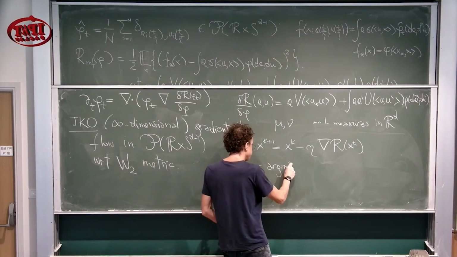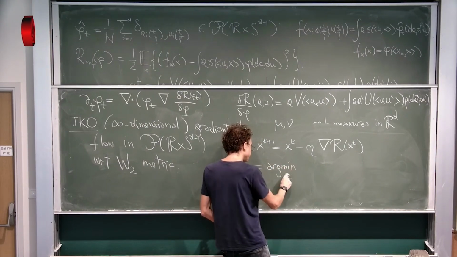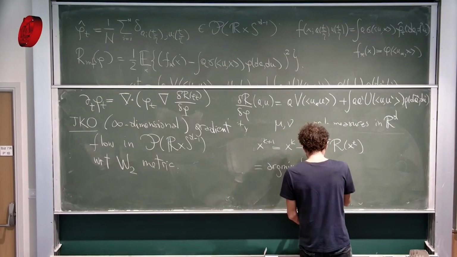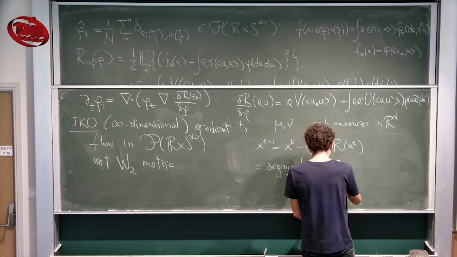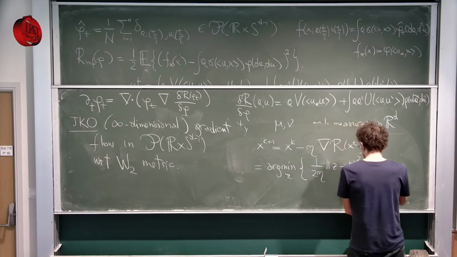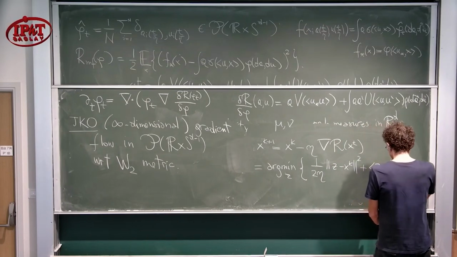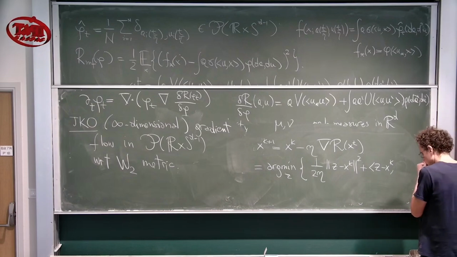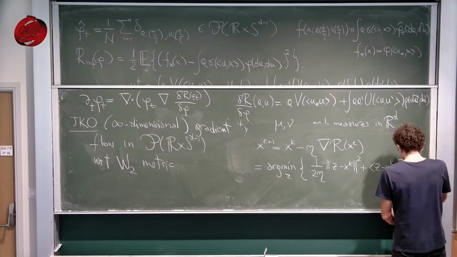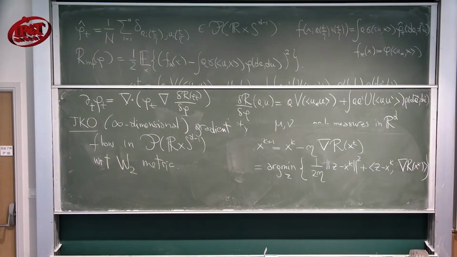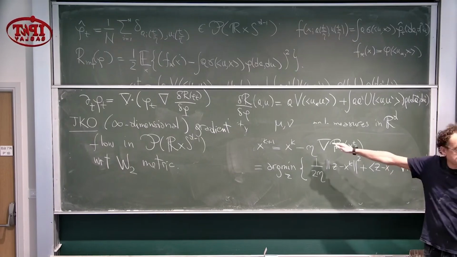I do the arg min over z of... Okay, so if you solve this, of course, it gives you that, right?